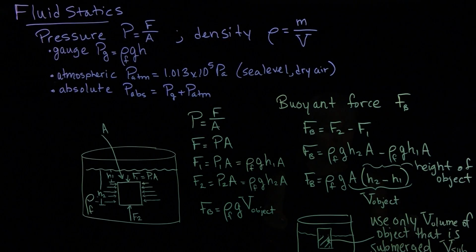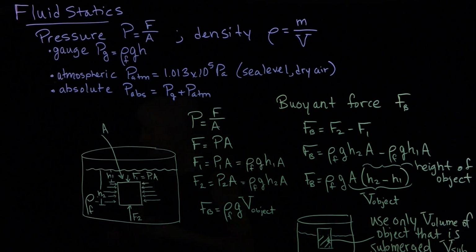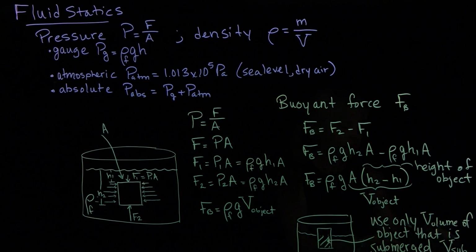That just means that not the entire object is submerged, but only part of the object is submerged. And that's what the little SUB is standing for underneath that volume. And let me just move it up a little bit because I know it's cutting off from the video a little bit. So let's write it up here. So that's the subscript submerged.